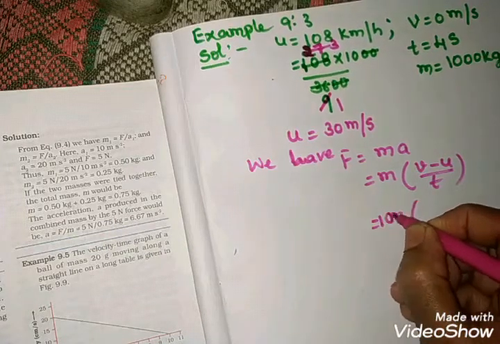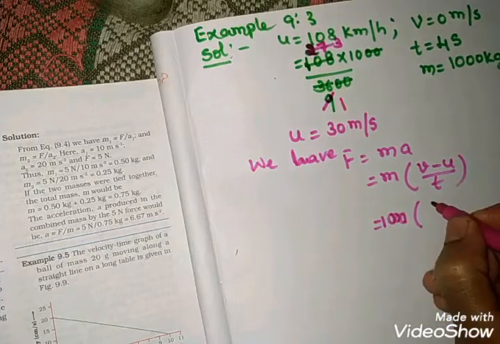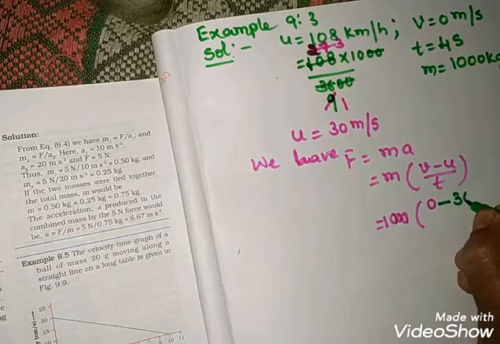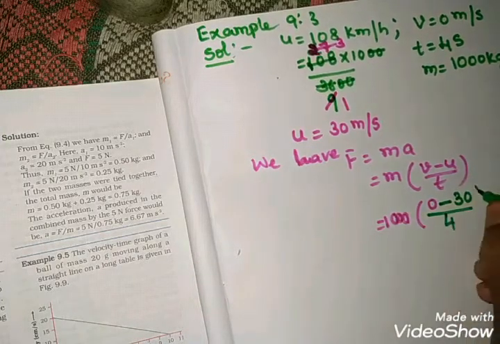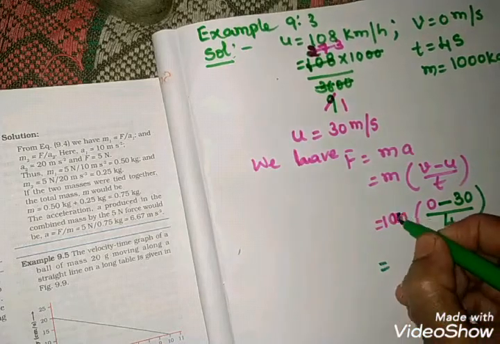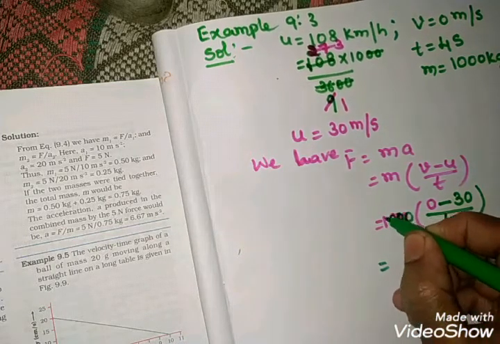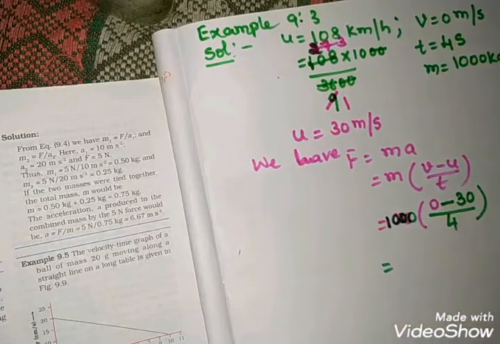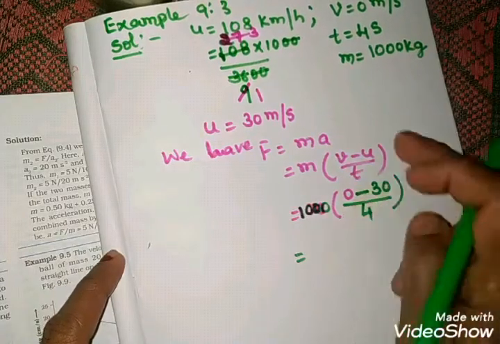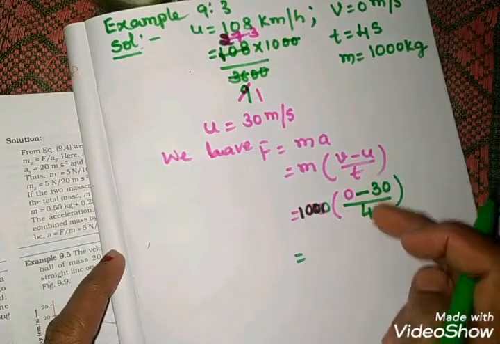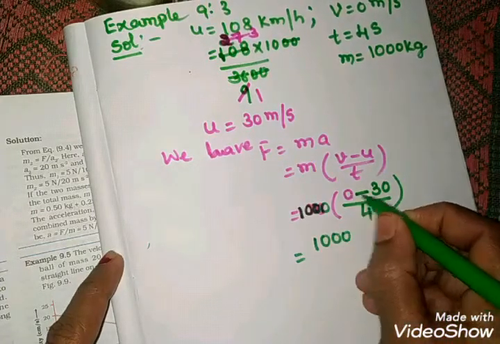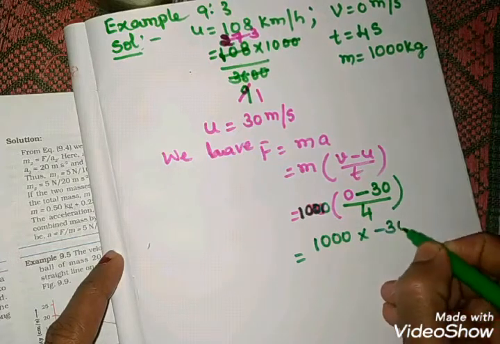So let us multiply 1000. v is 0. Let us substitute. Minus 30 divided by t is 4. Correct? Yes. We have substituted the values. 1000 into (0 minus 30) divided by 4. Why is it so? M is 1000 kg, v is 0, u is 30, t is 4 seconds.